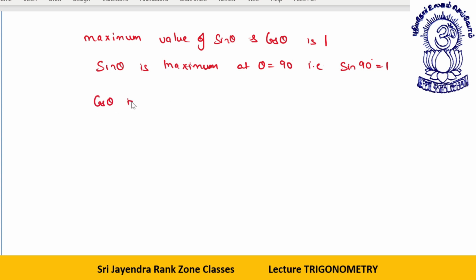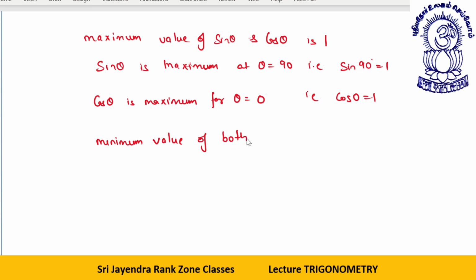Cos theta is maximum for theta is equal to 0. That is, cos 0 is equal to 1. Next thing, minimum values of sine theta and cos theta. Minimum value of both sine theta and cos theta is -1.